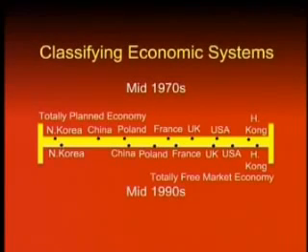Now, countries like Hong Kong, which is in East Asia, is one example of a country which is very close to the free market description that we just went through. Then we have countries like the United States of America, which some of you might have expected to be at the extreme right, but as you can see, it is not at the extreme right.